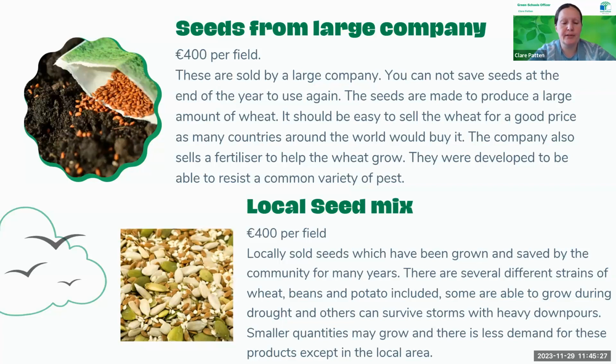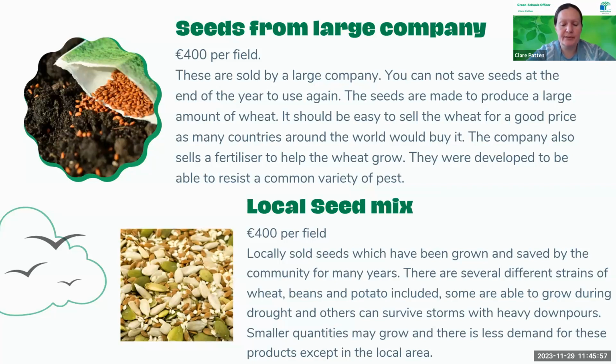They grow very well in your climate and in your soil. There are many different types in this batch that you would buy. It includes different types of wheat, different types of beans, and different types of potato. So these will all be a bit more unusual types than the wheat. They might be more likely to be bought by people in your local area rather than sold to other countries.